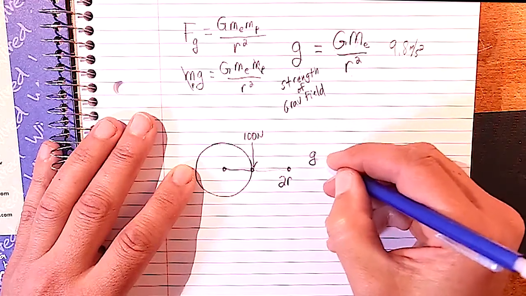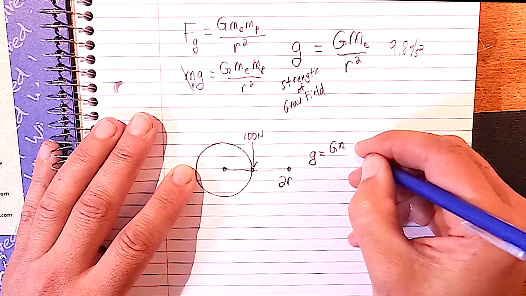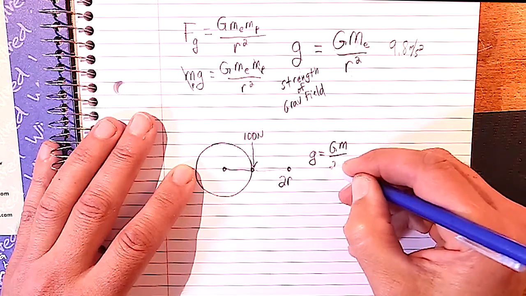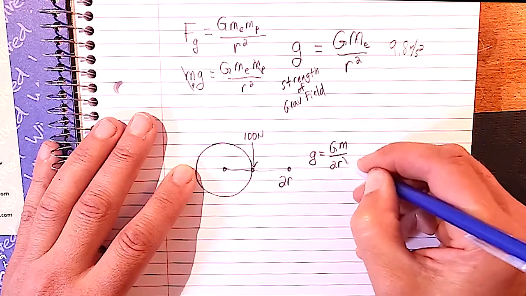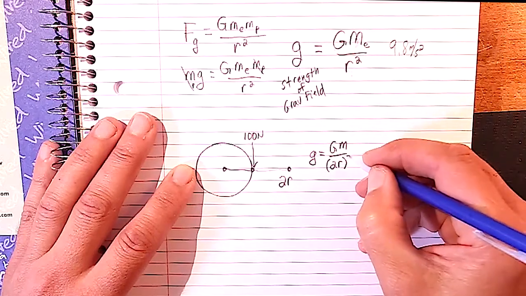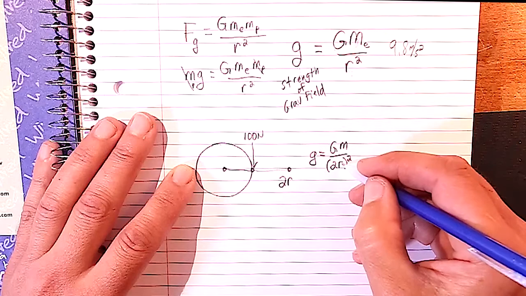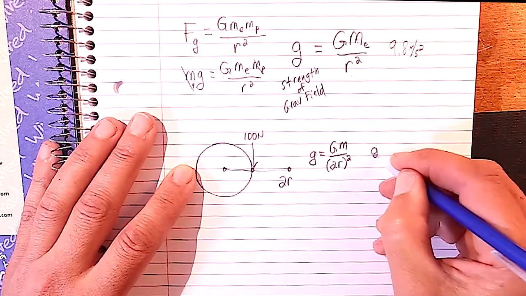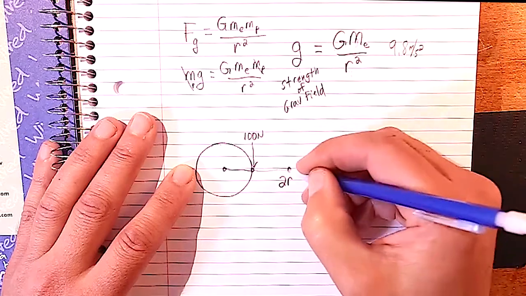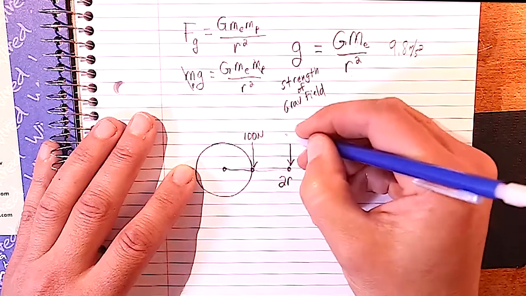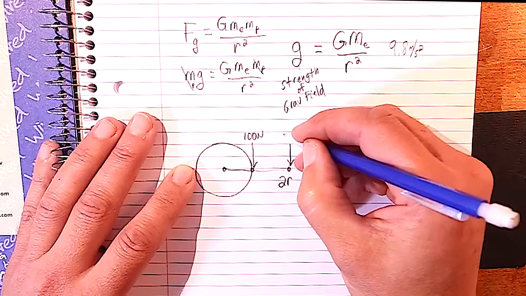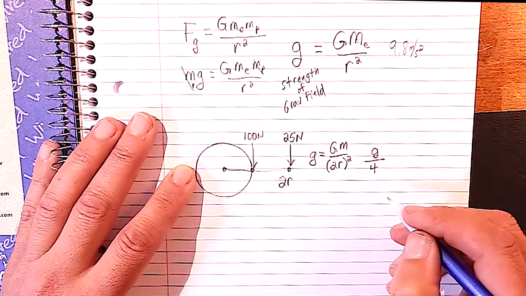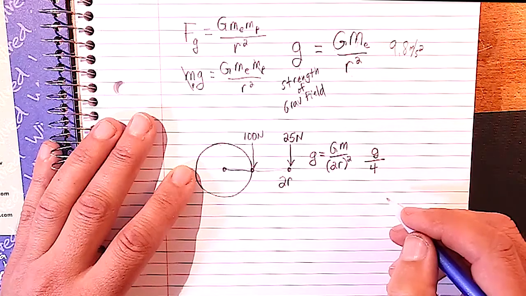So that becomes g equals GM over, and what have we changed? We have changed this by double. However, we're squaring everything. So that means if we've divided this by 2 and the 2 is squared, we've cut our g by a quarter. So at this point, this person or object would have a weight, or a force of gravity on it, of only 25 newtons.